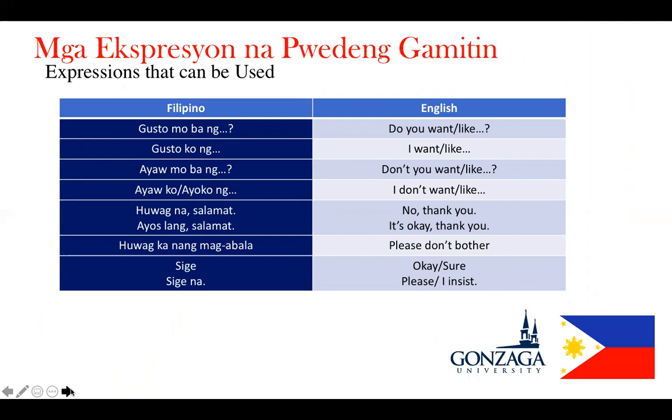Saging is banana. Do you want banana? So your response would be oo or opo, gusto ko. Or you can complete the sentence by saying gusto ko ng saging. Ayaw mo ba ng saging? Don't you want or don't you like banana? Ayoko ng saging. I don't like banana.